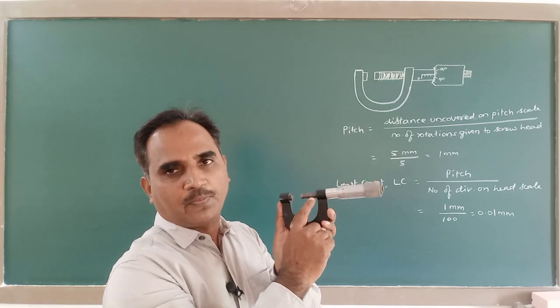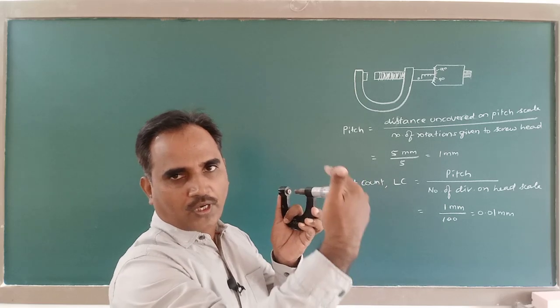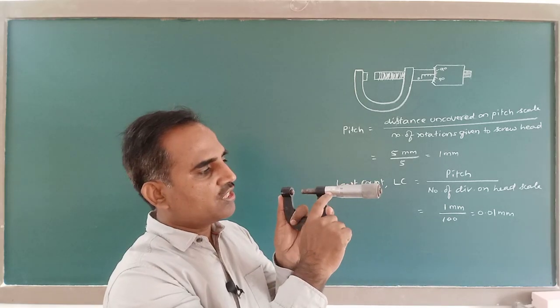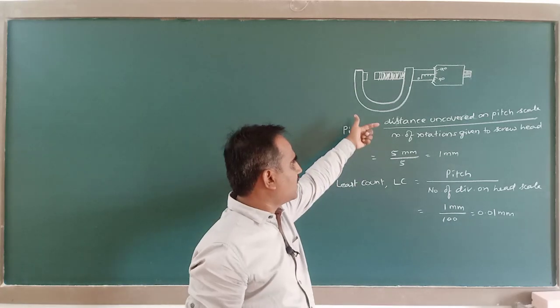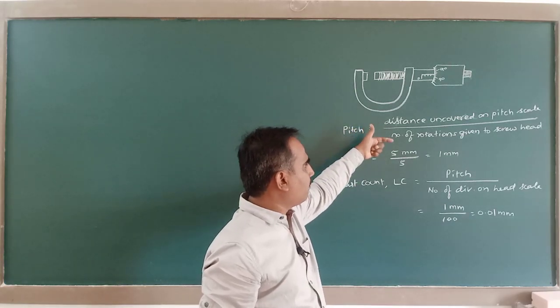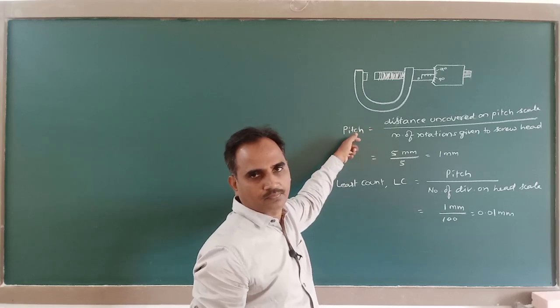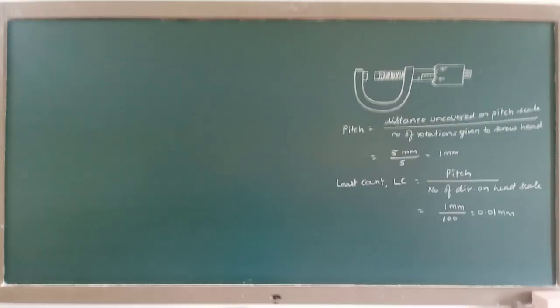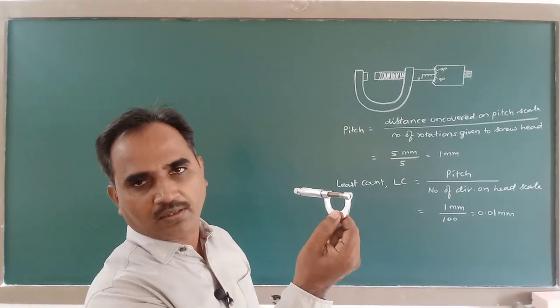How to find the pitch: you have to give a certain number of rotations to the screw head. You observe the distance moved on the pitch scale. So the distance uncovered on the pitch scale divided by the number of rotations given to the screw head will give you the pitch. This is the actual screw gauge which you use in our laboratory.